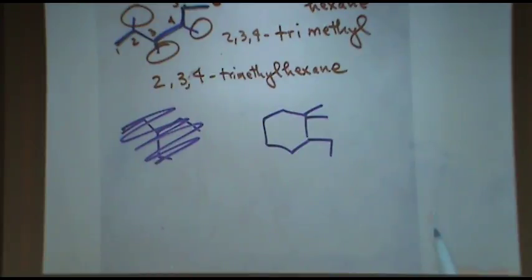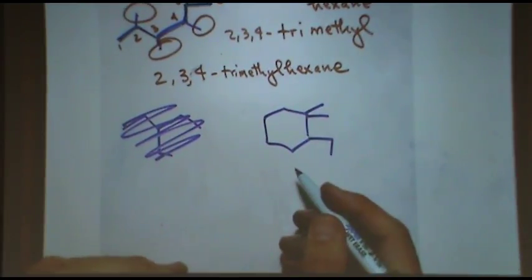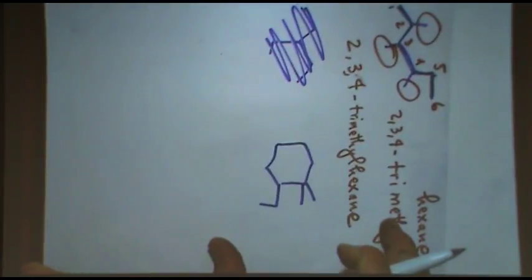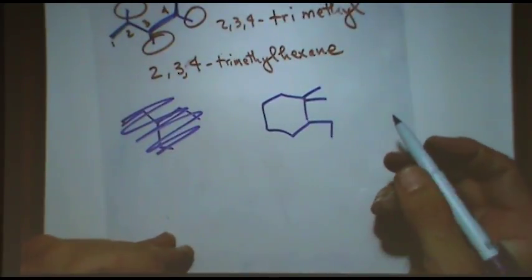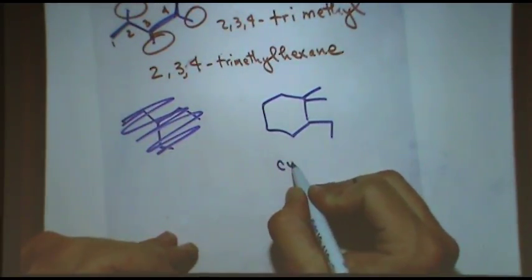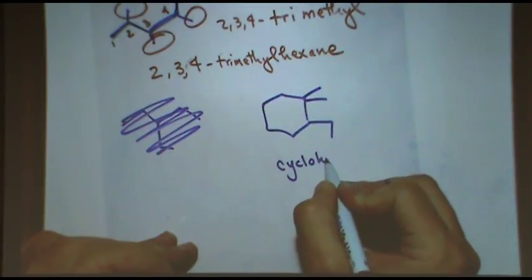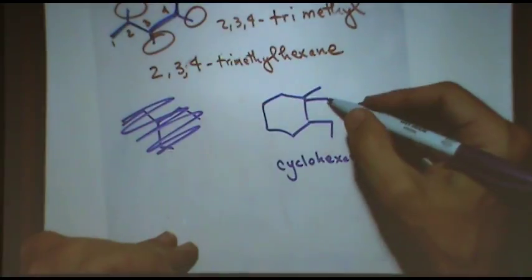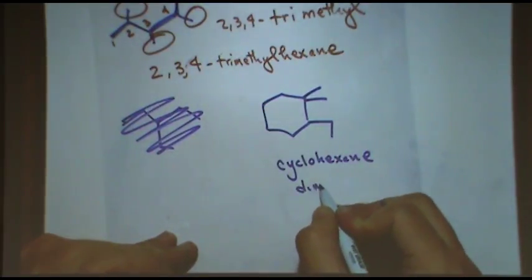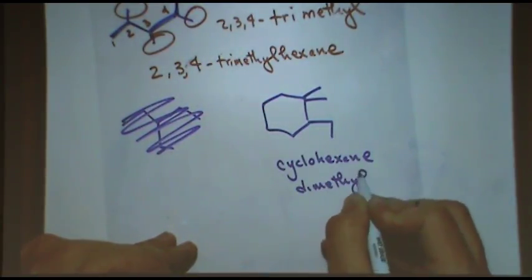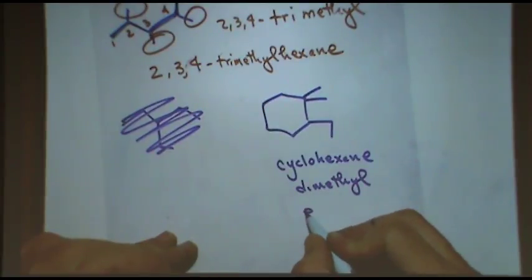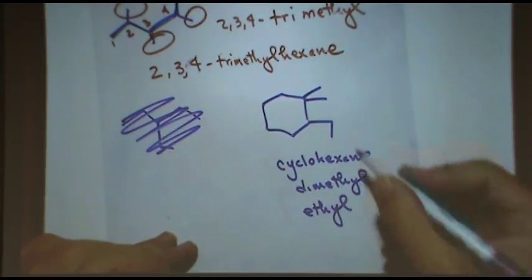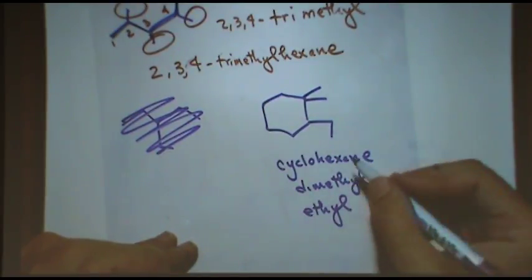That's cute. Okay. So it almost looks like a sheep missing one. Okay. So you've got a cyclohexane. Okay, we've got dimethyl, and we've got an ethyl. So you have to name each of the branches.